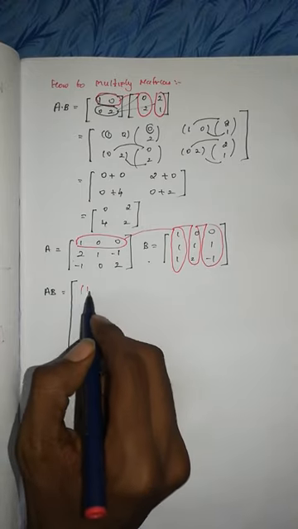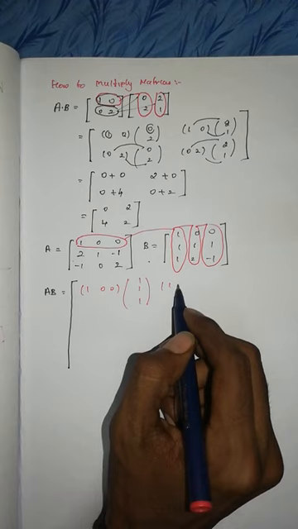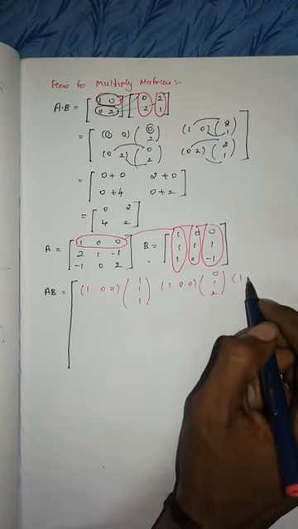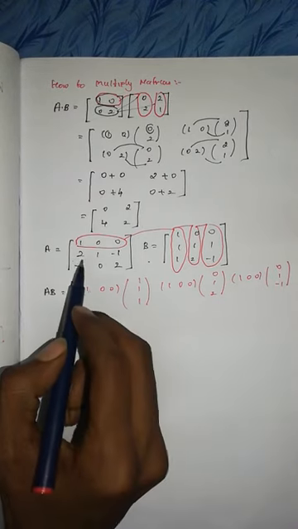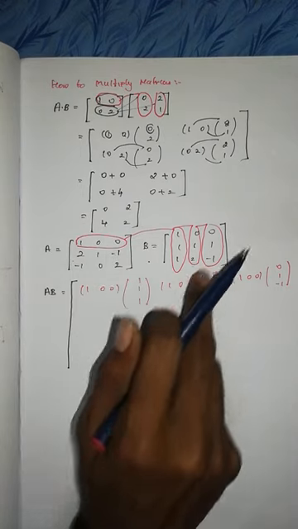So first I take the first row, first I multiply with the first column, and again the same row multiply with the second column and the third column, and similarly I take the second row of the A matrix and multiply with the 3 columns.